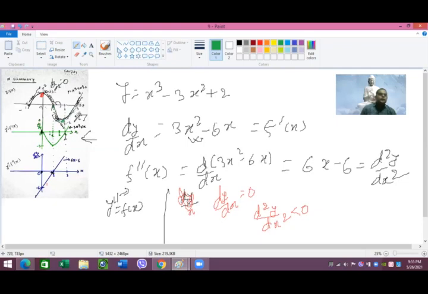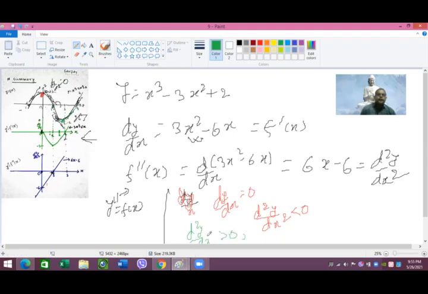So the change in dy by dx eventually is positive after x equals to 1. So after x equals to 1, you can see that the part of the second order derivative is positive. That means it is towards the positive y. So in this case, you'll see that the second order derivative is bigger than 0.